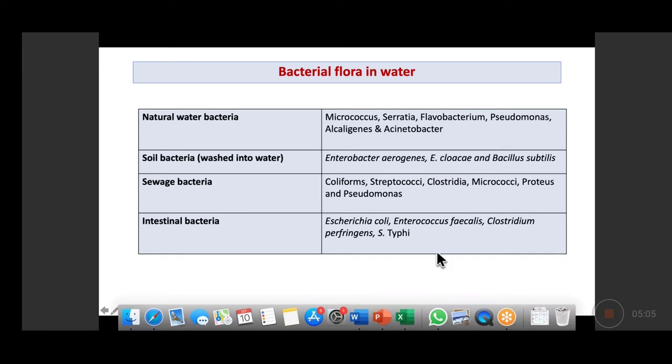Yes, to prevent waterborne disease. Very good, Ansh. So, okay, to check its safety. Basically, yes, to check its safety and to know and prevent the waterborne diseases, right?